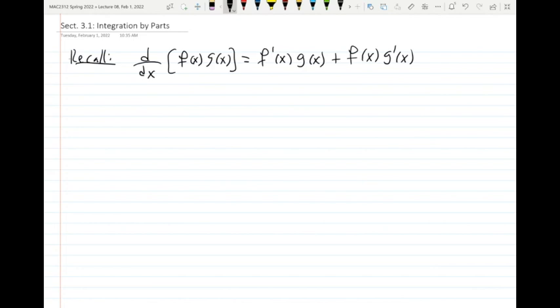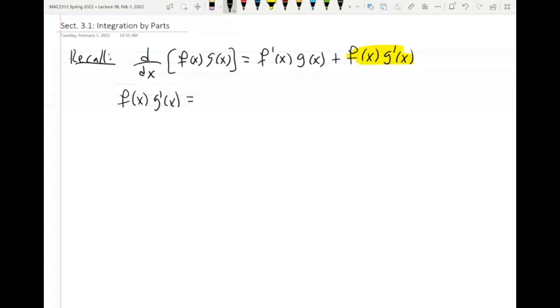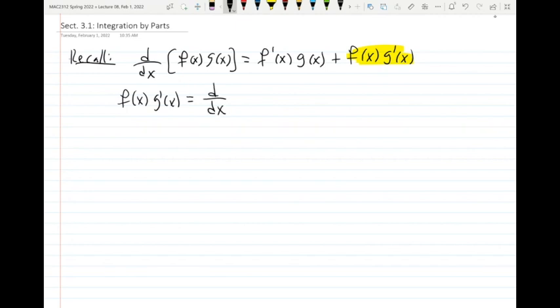Now I'm going to play with this a little bit. I'm going to solve for this term, f of x times g prime. So from here it follows that f times g prime of x equals the derivative of the product minus f prime times g, and then I'm going to integrate both sides with respect to x.